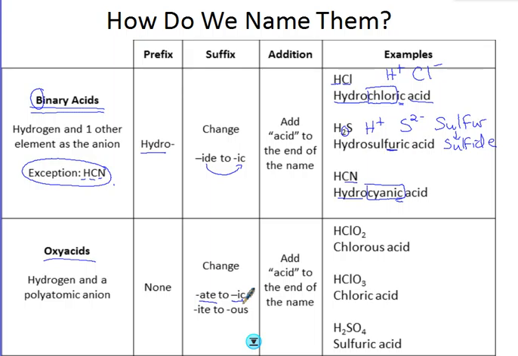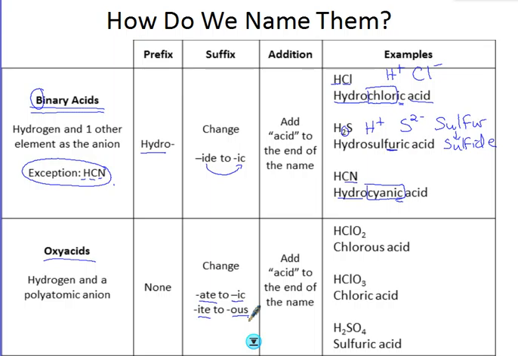You drink orange juice, it's too acidic, so you ate it and you said "ick." And then if it ends in "ite," you go to "ous." Ite, ous. It sounds German, something like that. However you remember that. Ate to ic, ite to ous. And then again you add acid to the end of the name.